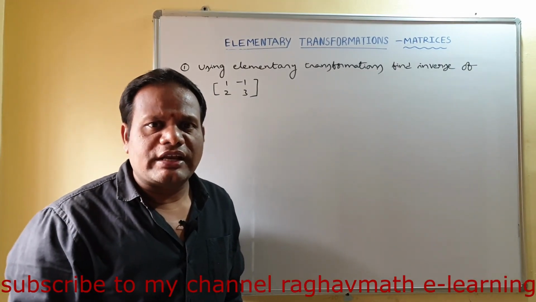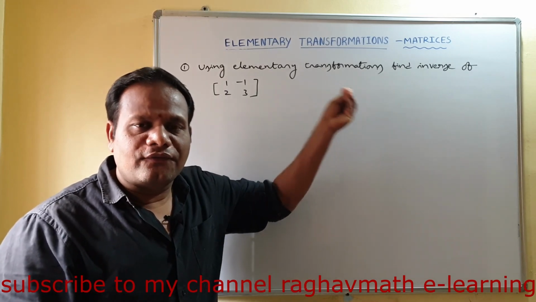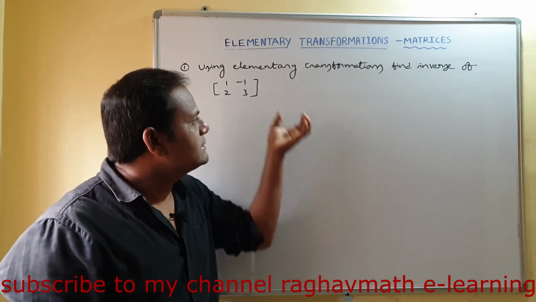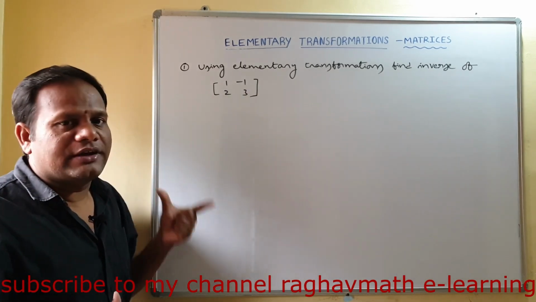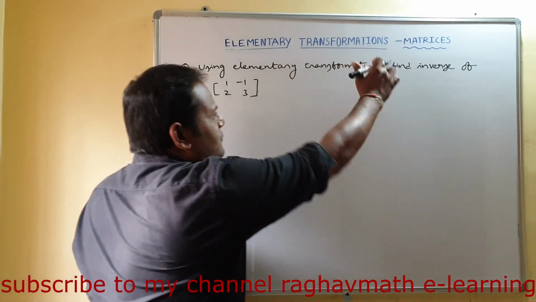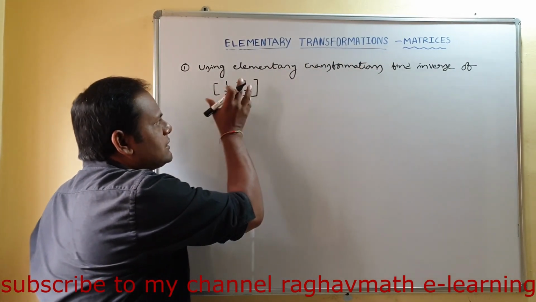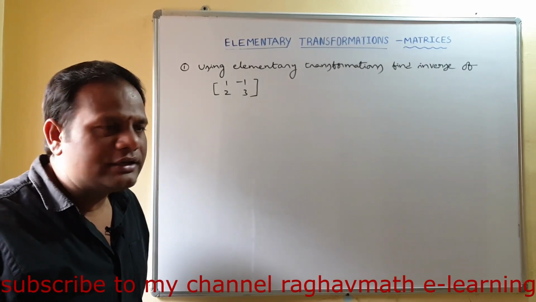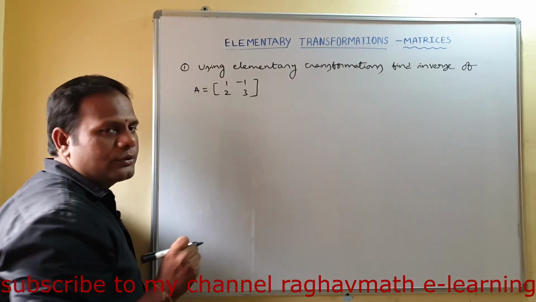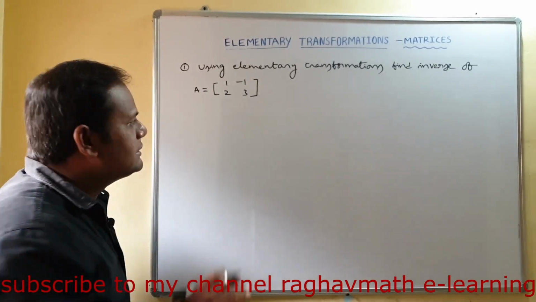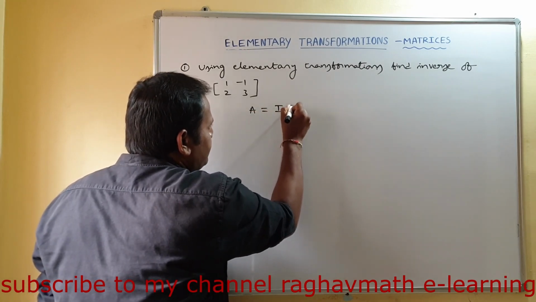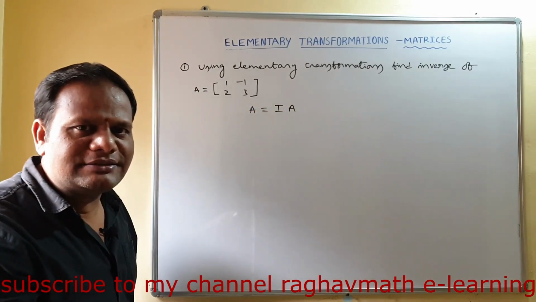Now we go through one example related to finding the inverse using elementary transformations. See here, a matrix is given. Clearly they mentioned using elementary transformations find the inverse of this matrix. Suppose I am taking that this matrix is A. Listen carefully. Can I take that A equal to I into A? Yes, I into A is A only.